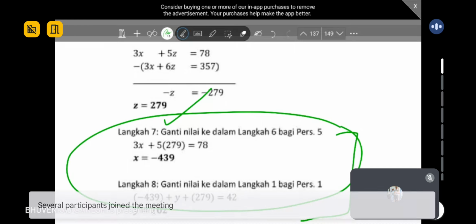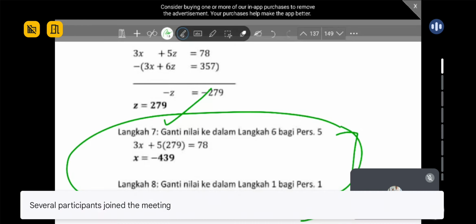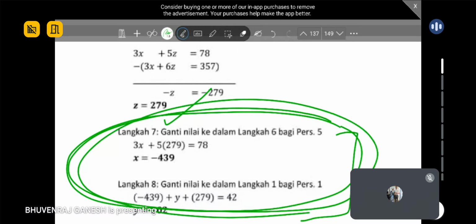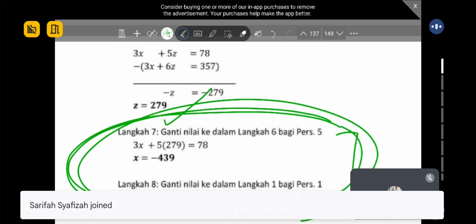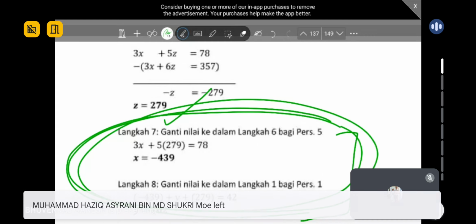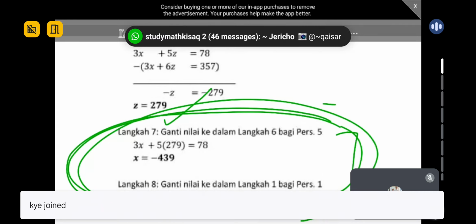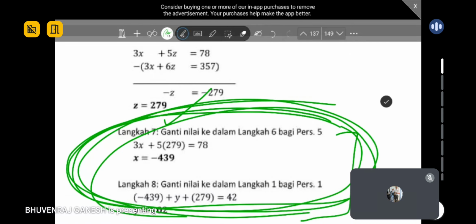This is the substitution method, but the whole question does not use substitution. Okay, half of it uses elimination, then only at the end uses substitution. Okay, at the top there all is elimination. At the bottom only it is substitution. Okay, so you still will call it the elimination method, even though there is substitution here. Okay, can you understand?